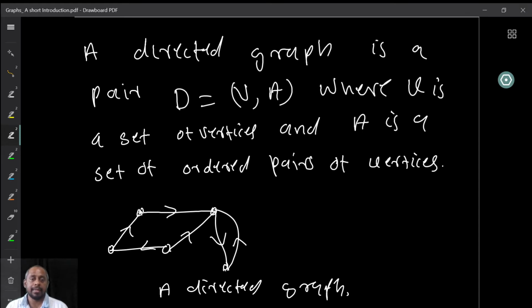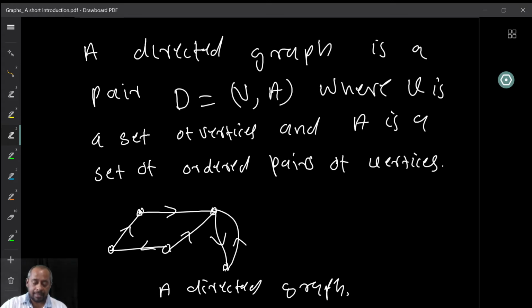For example, if you are talking about people, and I say that A is the father of B, then basically this is a one way relation, because the parent relation is a one way relation. Similarly, there are other things like one way traffic. These kinds of things can be represented by directed graphs.